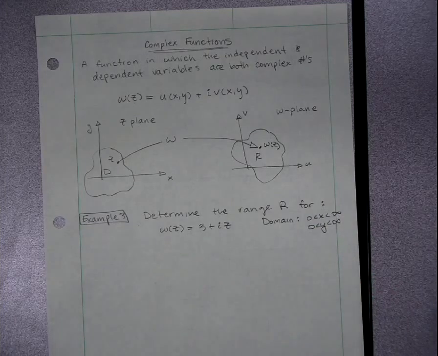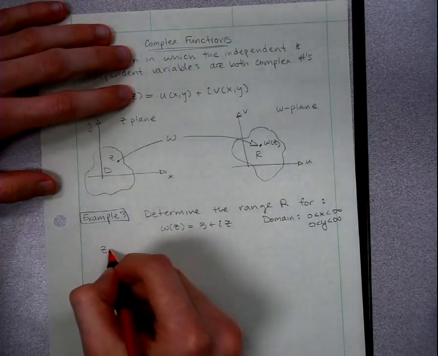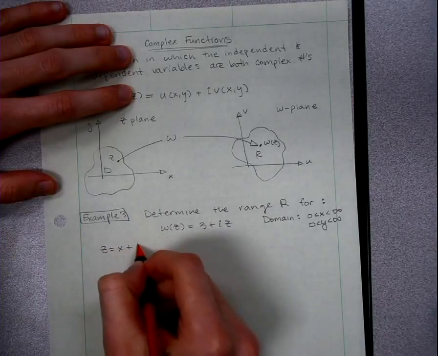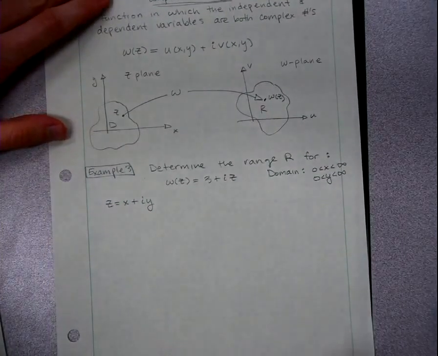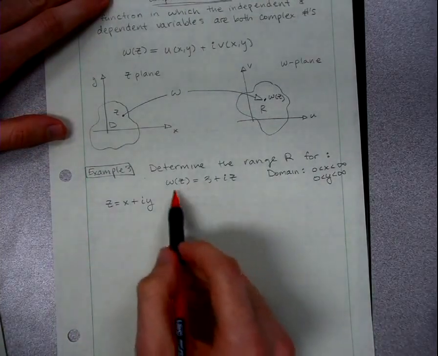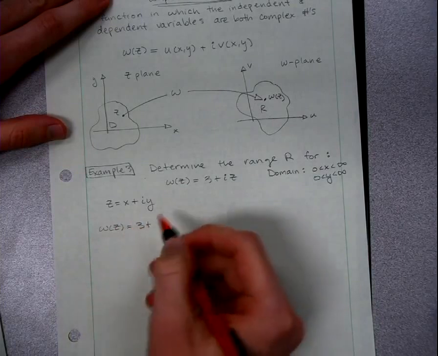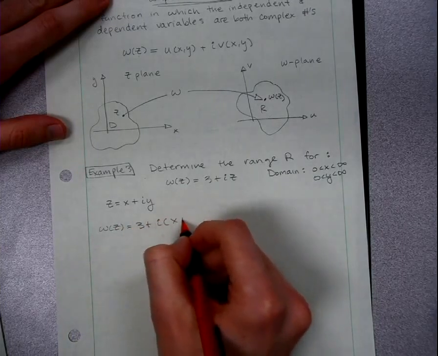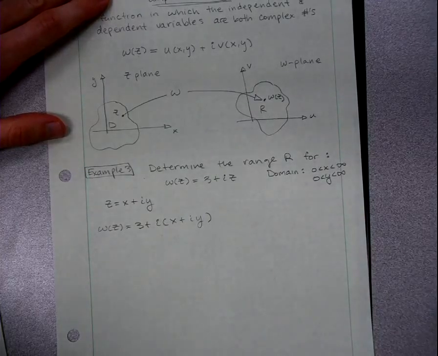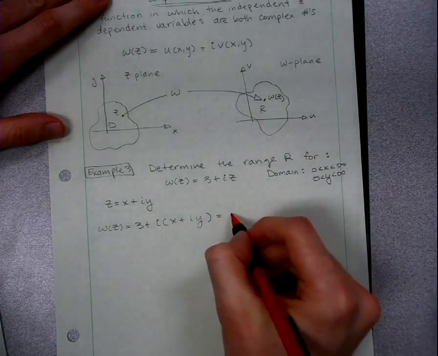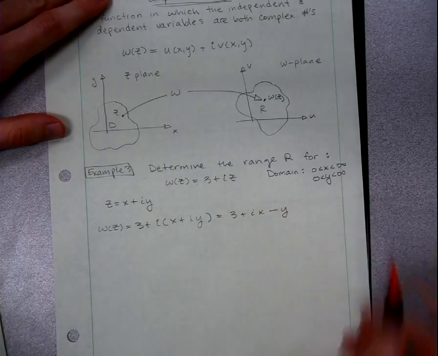So all we do basically, let me just write z equals x plus iy. We know this. Okay, z equals x plus iy. We're going to feed that into our w, so w of z equals 3 plus i times x plus iy, which equals 3 plus ix minus y.